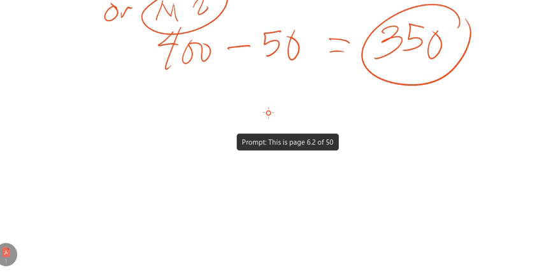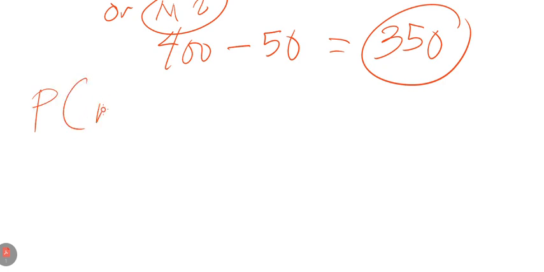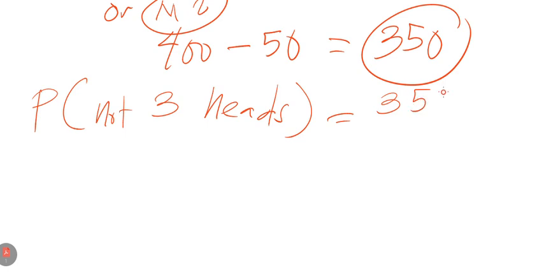Now let's find the probability of not getting 3 heads. So we have that equal to 350 over 400.